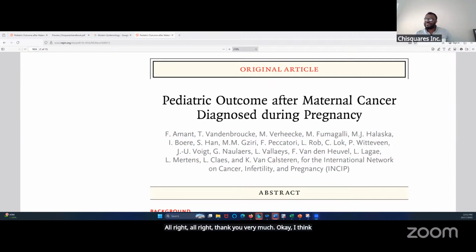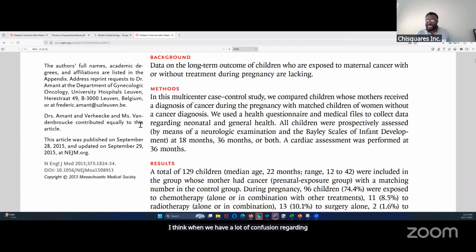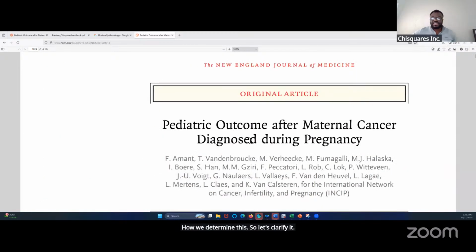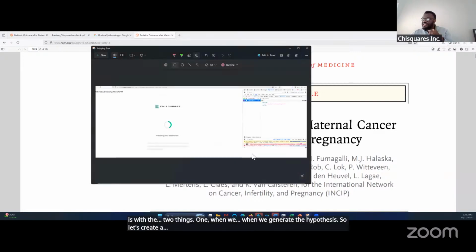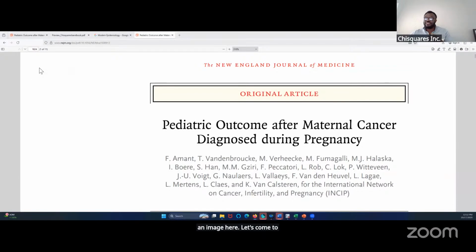Okay. I think we may have a lot of confusion regarding how we determine this. So let's clarify it. What determines the prospectiveness of research is two things. One, when we generate the hypothesis. So let's create an image here.